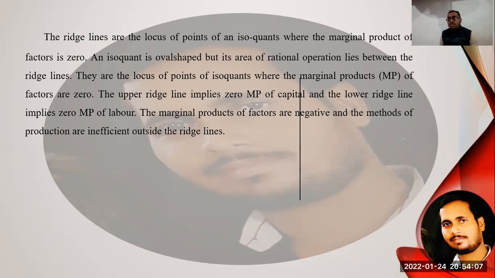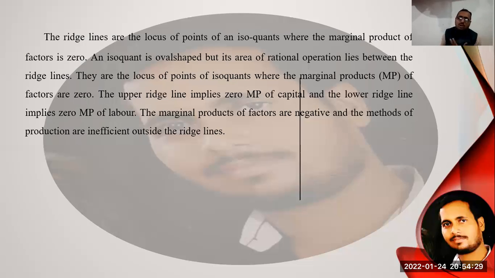Marginal productivity means that after this point, if one additional unit of the factor is used in those circumstances, the production will not increase. It means the marginal productivity of that factor will be zero.